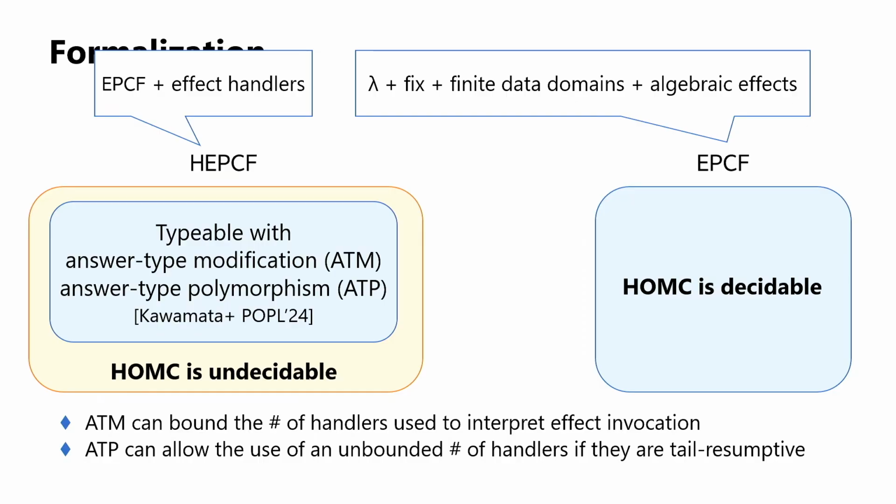I won't explain the details, but these two features are very important to bound the number of handlers, and allow an unbounded number of handlers if they are tail-resumptive. After defining the fragment, we define the CPS transformation from this fragment to EPCF. Higher order model checking in EPCF is decidable, so we show that higher order model checking for this fragment is decidable.